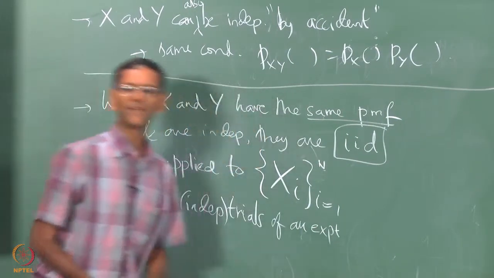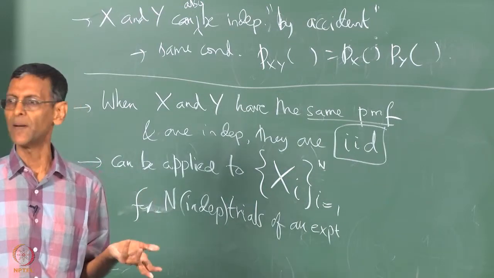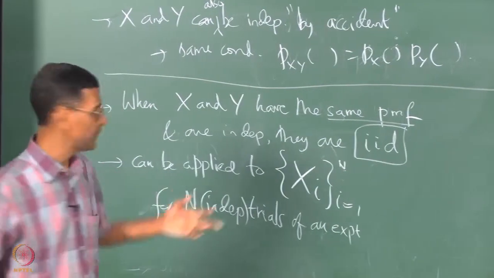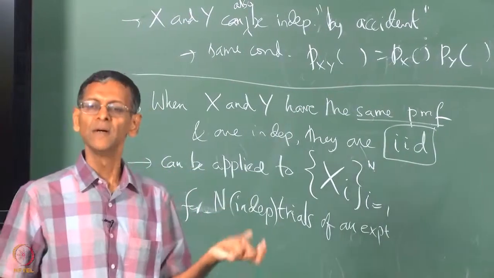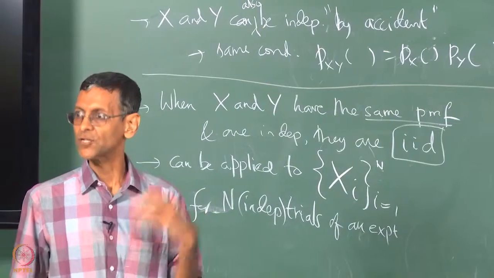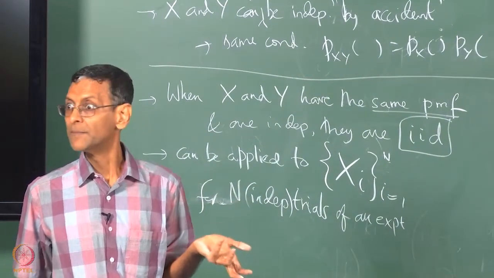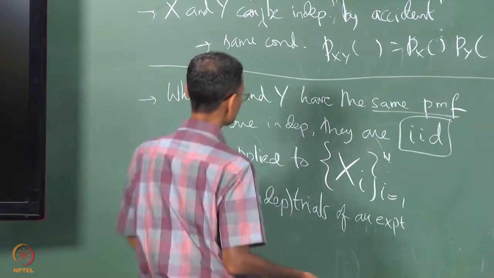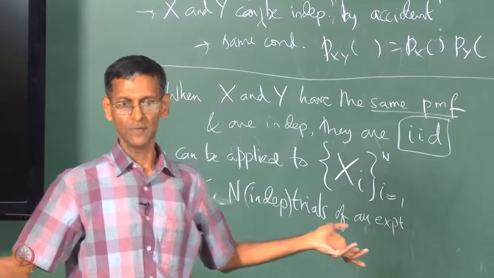So, if you have n independent trials of the same experiment, obviously the xi's have to be identically distributed, if each of the xi's measures the same quantity at each trial. Obviously you have IID. In this case, you can talk of the joint PMF of all of them.